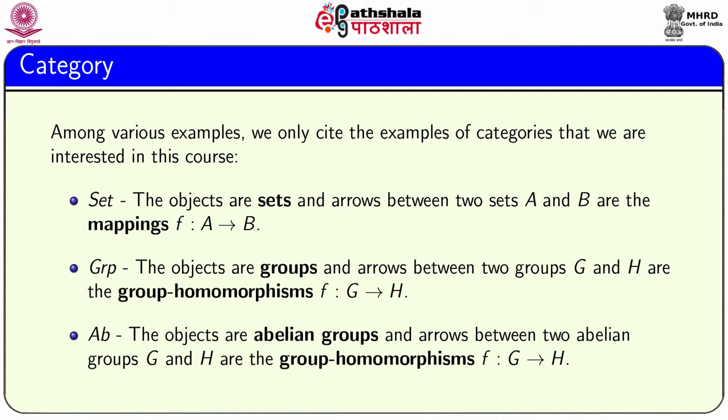The category AB consists of the objects as the abelian groups, the arrows as the usual group homomorphisms, and the composition as usual as the composition of mappings.